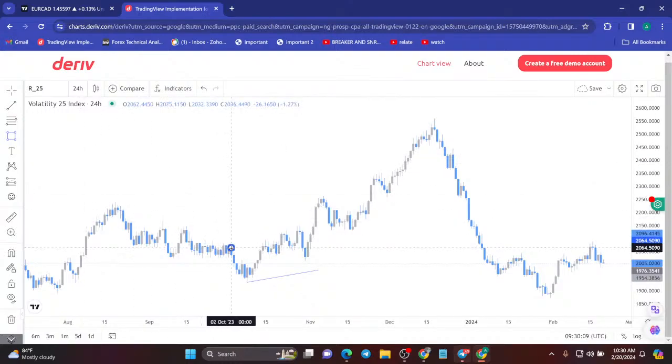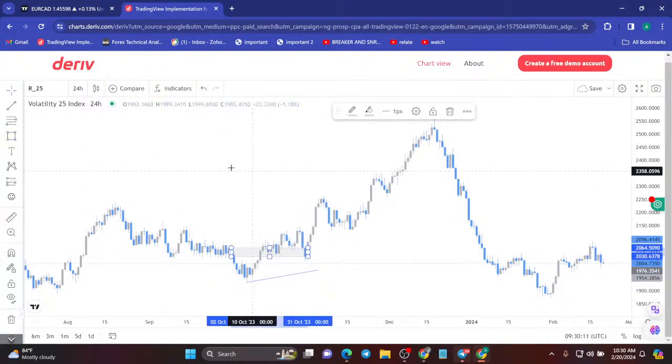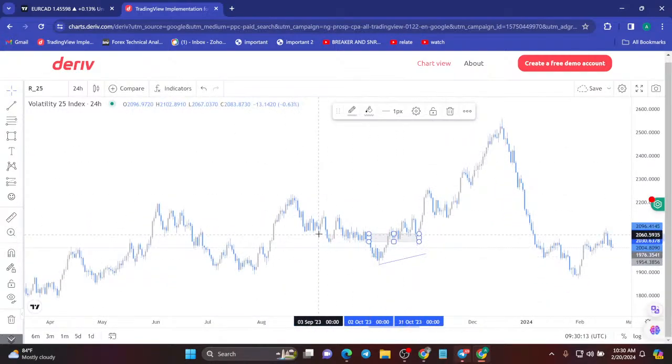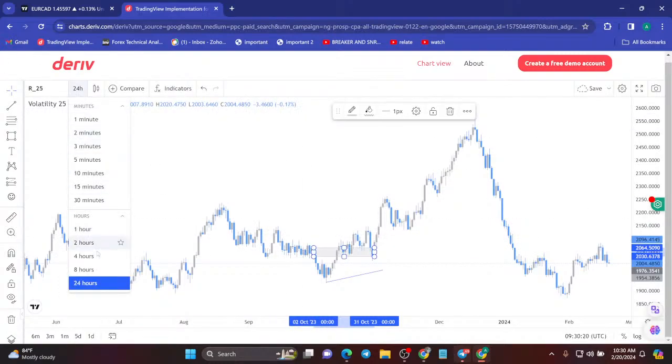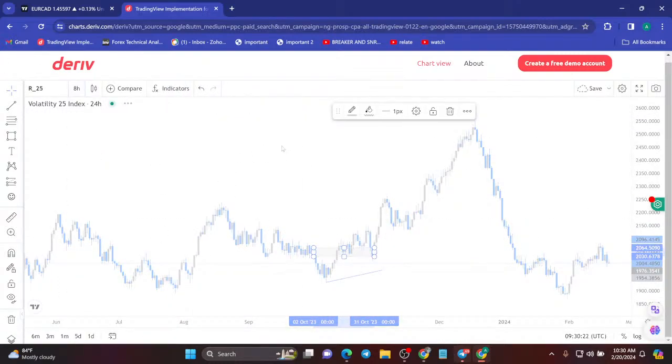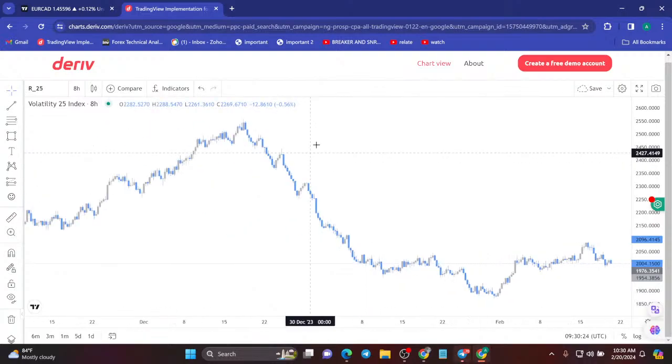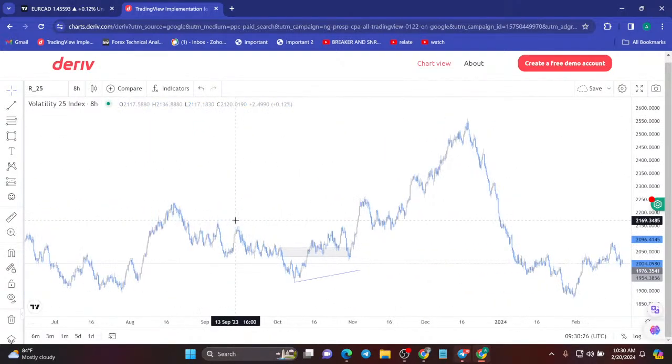Now look at this. This breaker block here touched here, and that is our entry. Breaker block touched there, that's our entry. If you look at this one here on the 8 hours time frame, you also realize that, okay, beautiful.